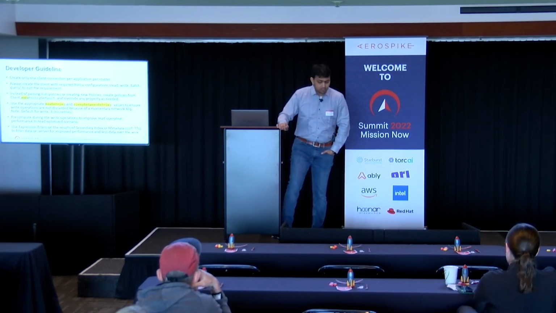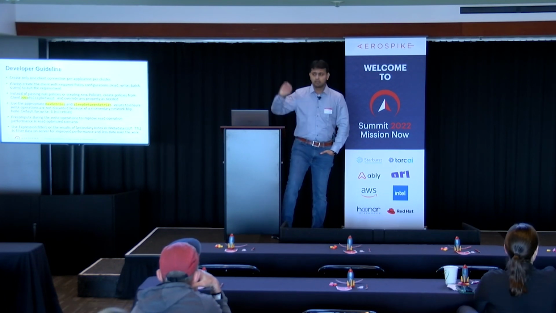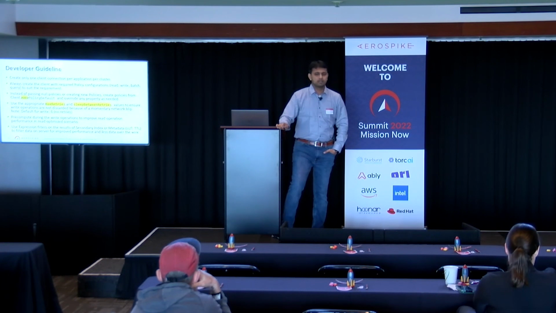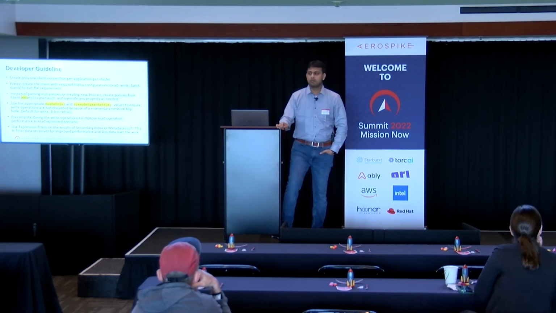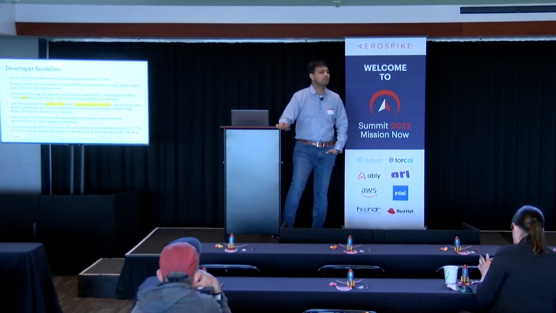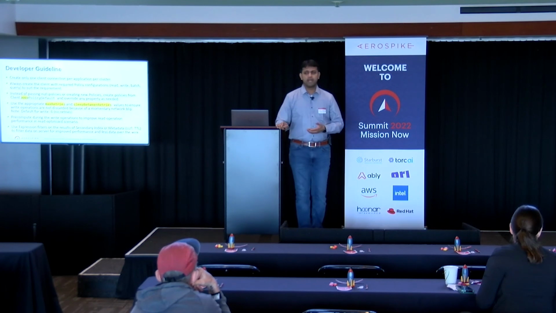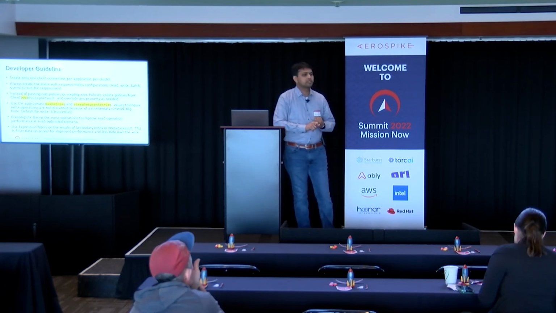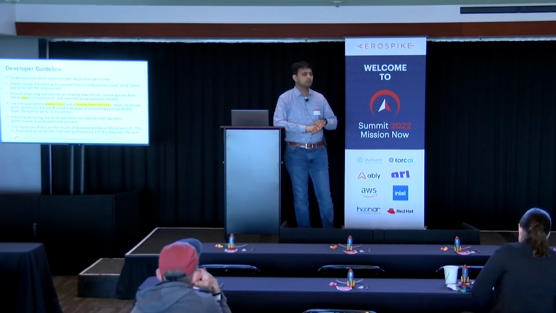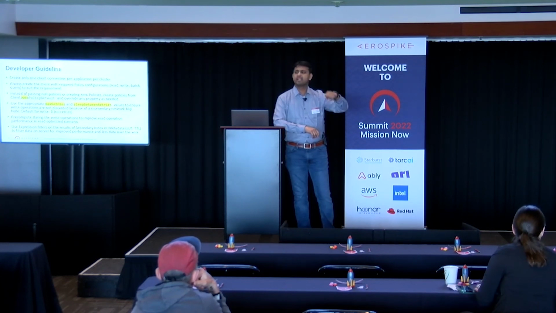And last but not least, and again, Piyush will talk about this in detail, what we have found is that expression filters do a tremendous job of doing the filtration on the server itself. In the old days, when predicates or expressions were not popular, what we used to do is get the data based on a secondary key.